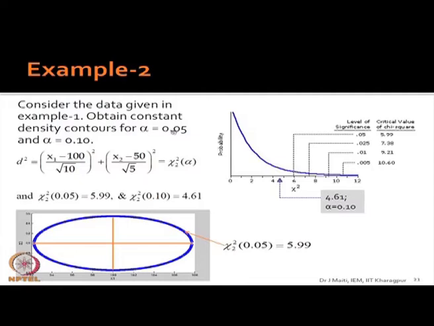Now, when alpha equal to 0.05, then this will be chi square 0.05 with variables 2, so degrees of freedom is 2, and you have to see this value. This value is 5.99. So this is the ellipse which is taken into consideration, chi square 2, 0.05 is 5.99, and this is the ellipse where all the points have equal density value.